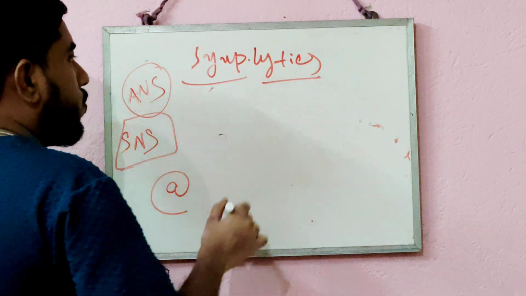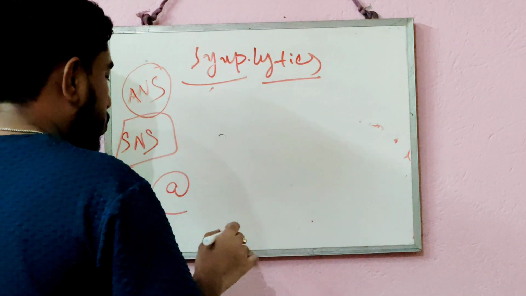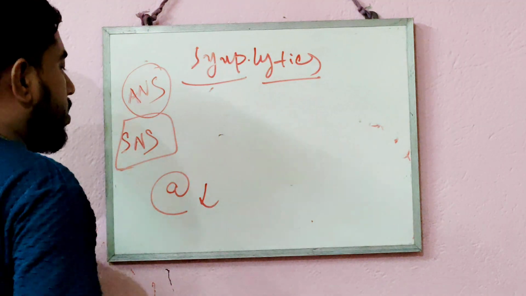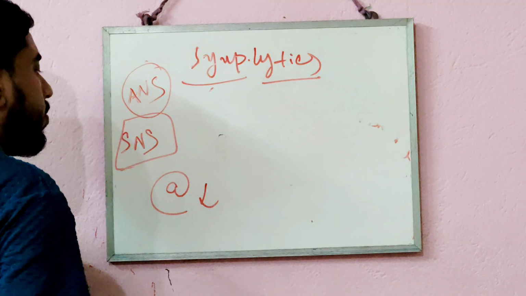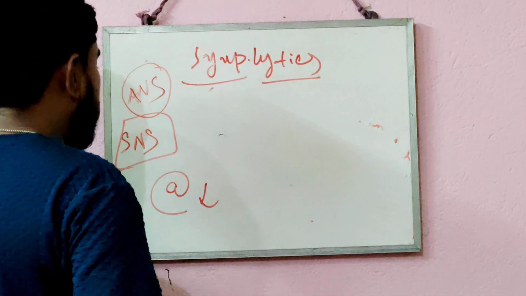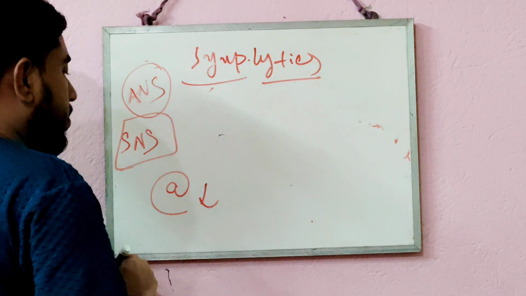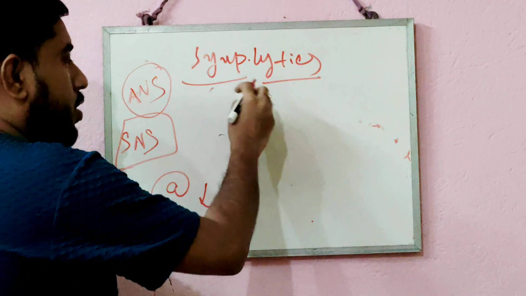But today we are going to discuss sympatholytic drugs. These drugs do the opposite action of the autonomic or sympathetic nervous system. That means whatever work the sympathetic nervous system generally does in our body, sympatholytics oppose it by their own activity.